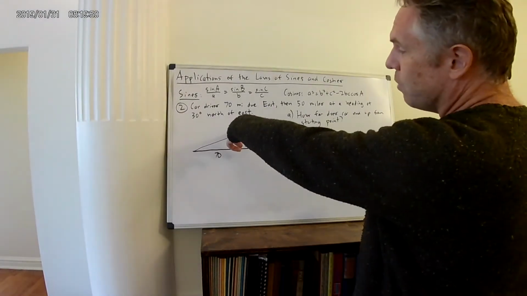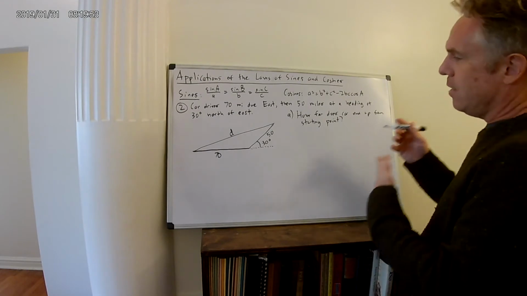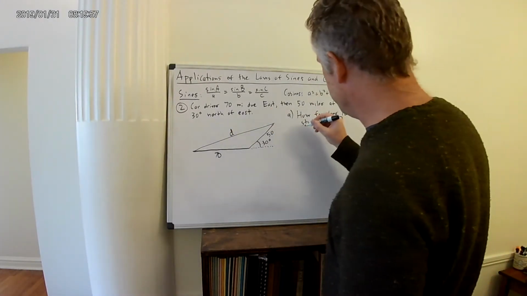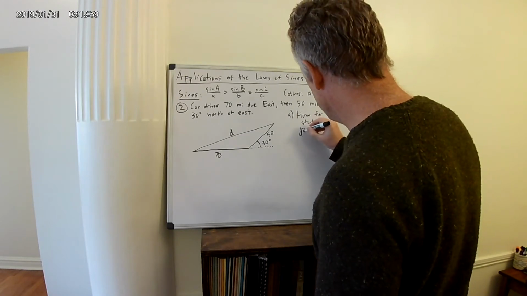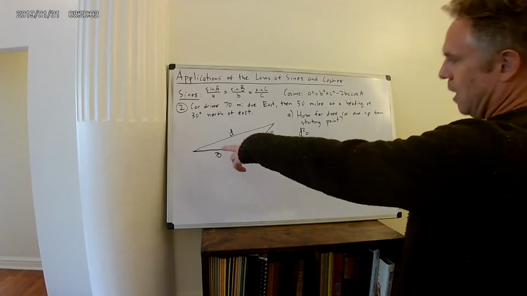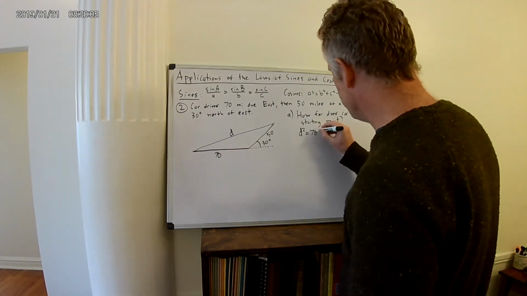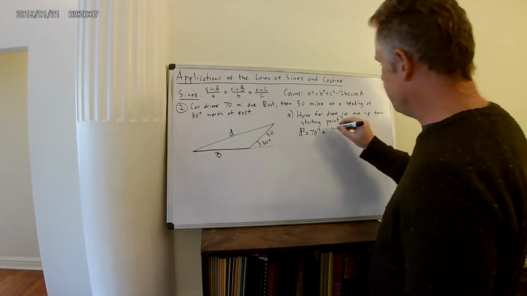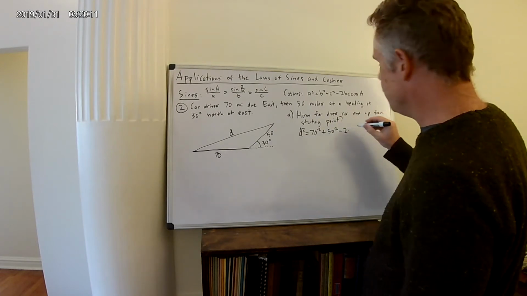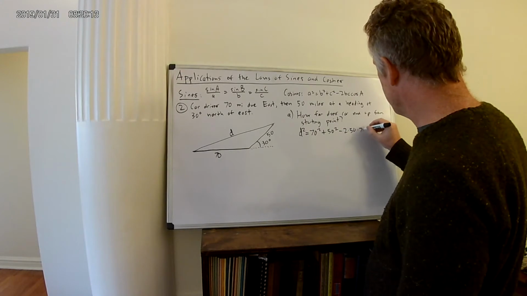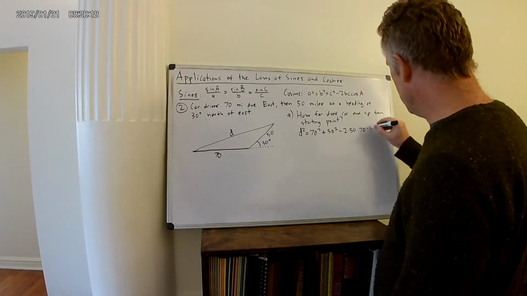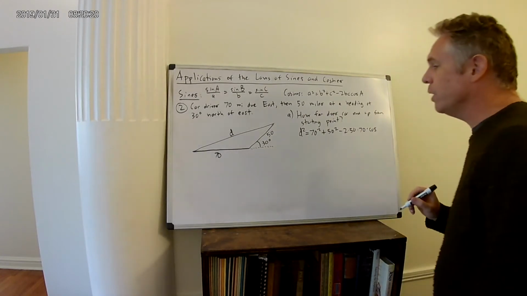So now I'm looking for this side, which is labeled D. By this equation, D squared is equal to the other 2 sides: D squared equals 70 squared plus 50 squared, minus 2 times 50 times 70 times the cosine, and now we've got to be really careful.